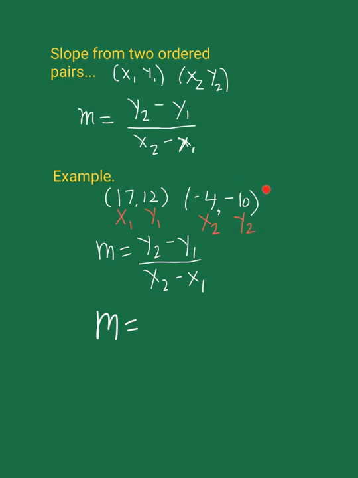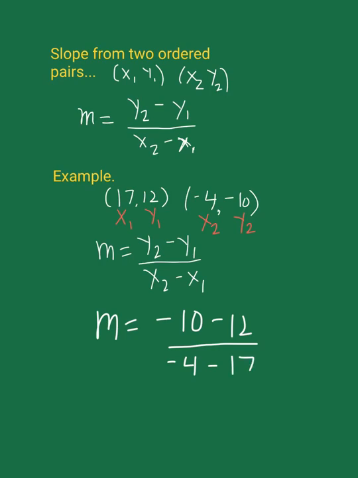That is negative 10 minus y1 is right here. That's 12 over x2. x2 is right here. That's negative 4 minus x1 is right here. That is 17.